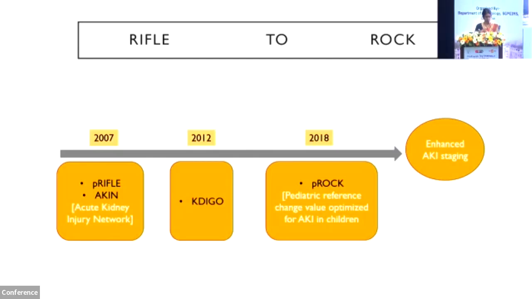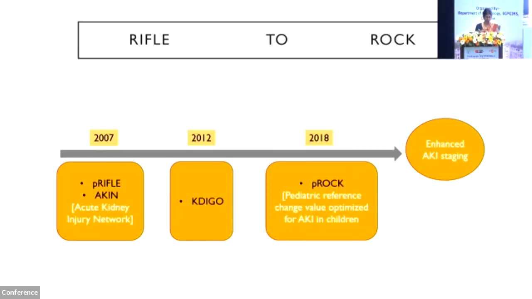Briefly, P-RIFLE was adapted from the adult RIFLE criteria with creatinine clearance calculated from the Schwartz formula along with urine output. AKIN was proposed as a modification of the P-RIFLE to improve the diagnostic sensitivity to small changes in creatinine. And KDIGO, as you all are aware, is widely studied and accepted as a standard criteria as it's associated with several clinical outcomes.